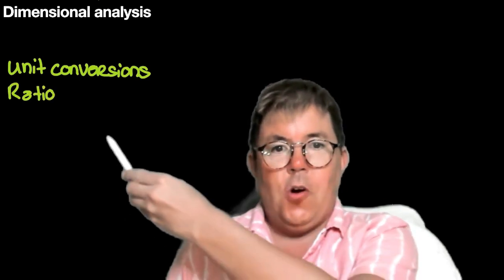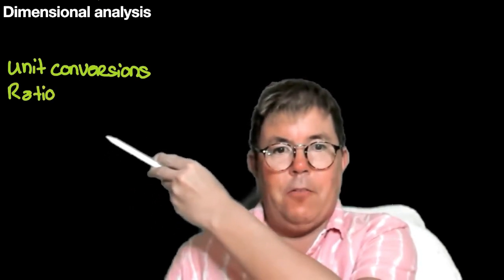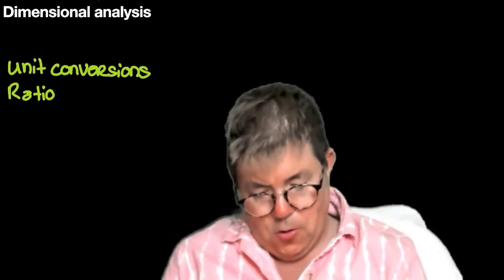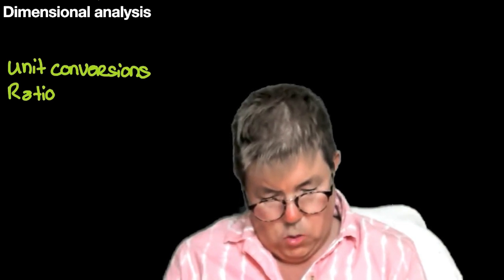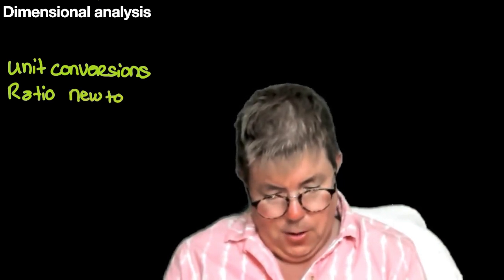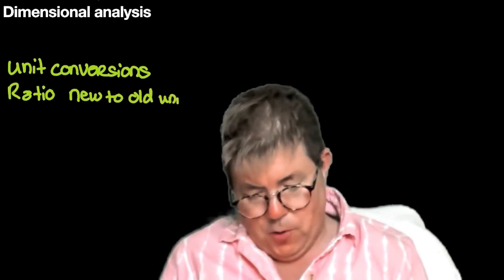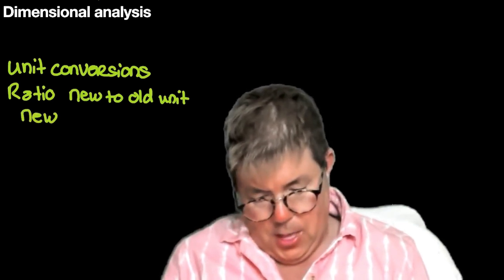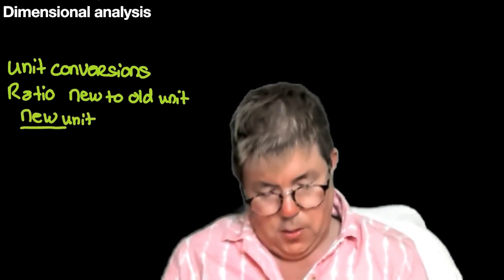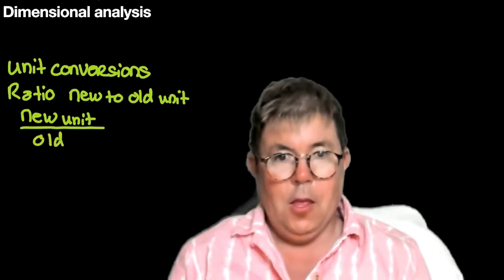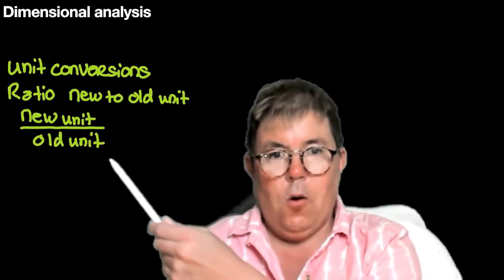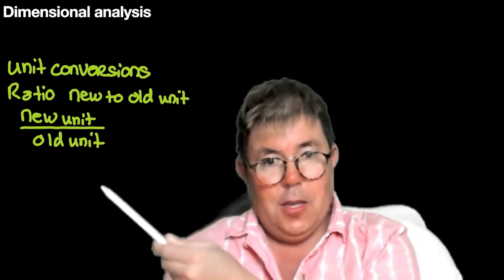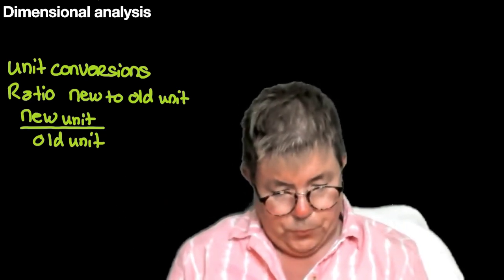The ratio we need is between the new and the old units, a ratio of the new to old unit. We will write this ratio with the new unit on top and the old unit on the bottom, so that the old unit is going to cancel.